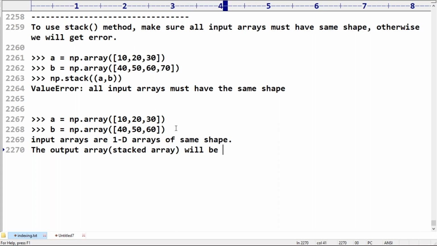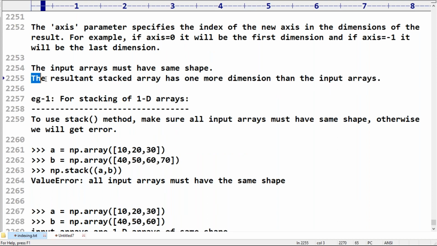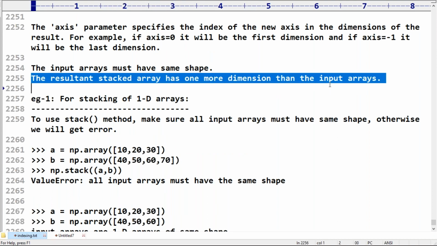The stacked array will be of which dimension? The output array after stacking is 2D. Remember carefully. What is the reason? The resultant stacked array has one more dimension than the input arrays.